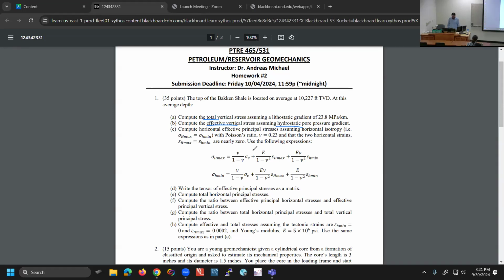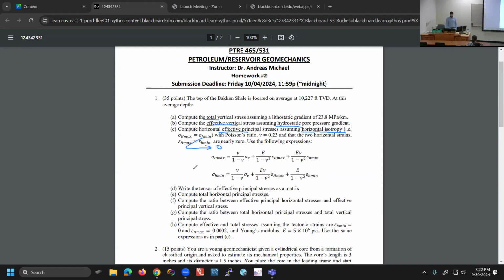Part C, compute the horizontal effective principal stresses. Horizontal effective is another keyword. Assuming horizontal isotropy, which is not a keyword because it explains what it is. For Poisson's ratio, nu equals 0.23, and the two horizontal strains nearly zero. Nearly zero basically means assume that they are equal to 0.